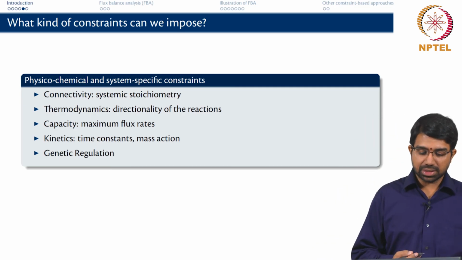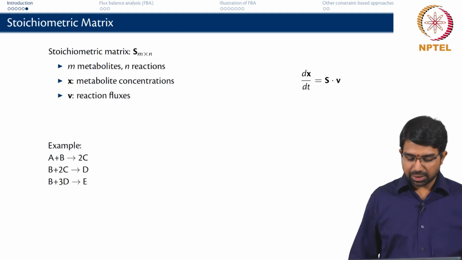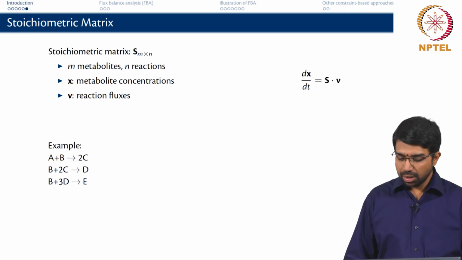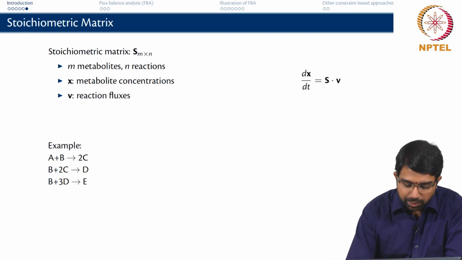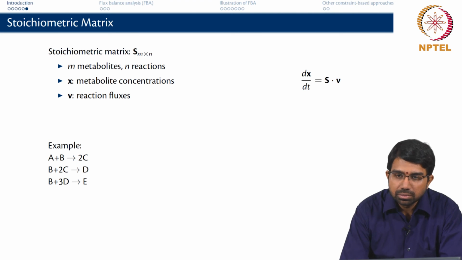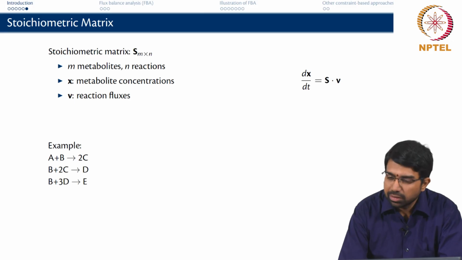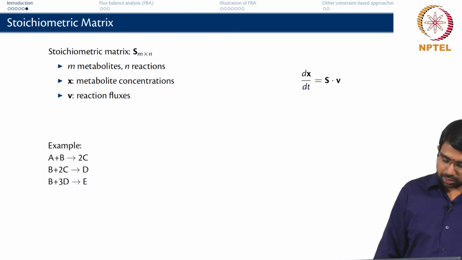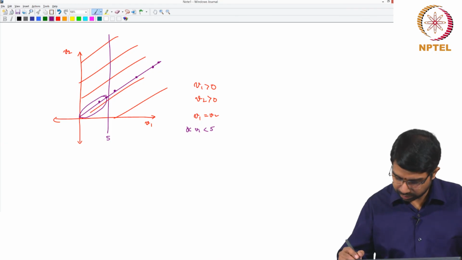So what would this translate into in practice? We will see shortly. So let us take a very simple example. What is the size of the stoichiometric matrix for this system? Five cross 3. You have 5 metabolites and 3 reactions, and you have a 5 cross 3 system. So let us just go back to the concept of the stoichiometric matrix.